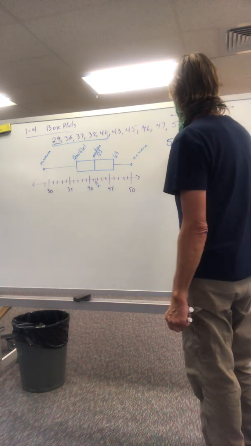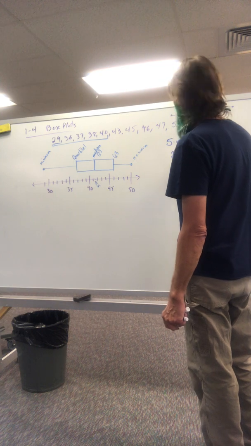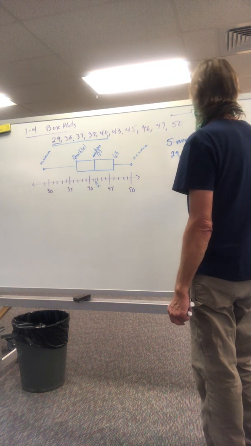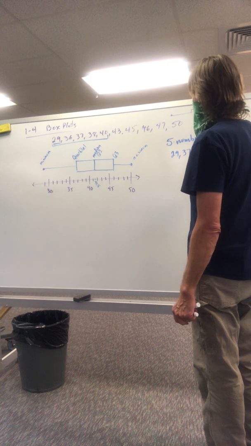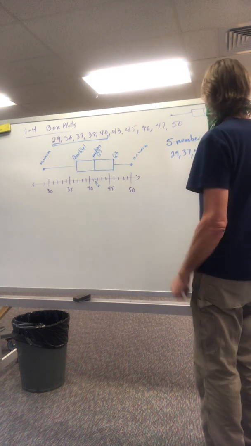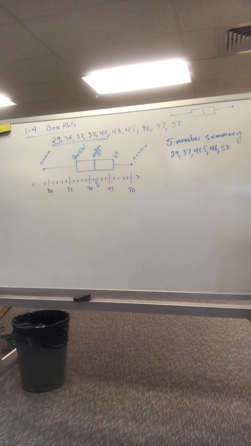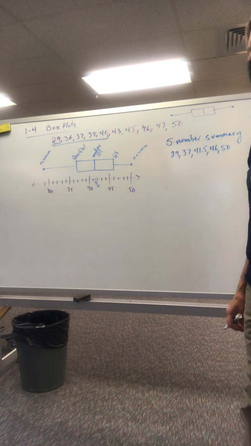So that's going to be 29, 37, 41 and a half, 46, and 50. That's the 5-number summary. It's just a shorthand for writing down what all the values are without having to make a box and whisker plot.